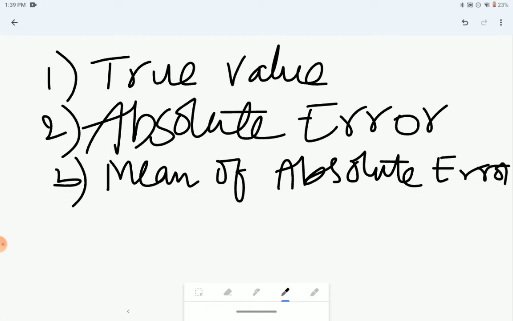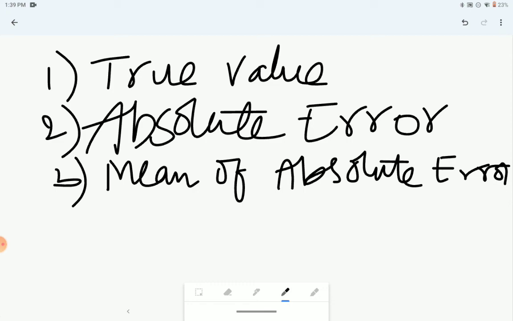The mean absolute error is the error that occurs every time, approximately equally, uniformly distributed.